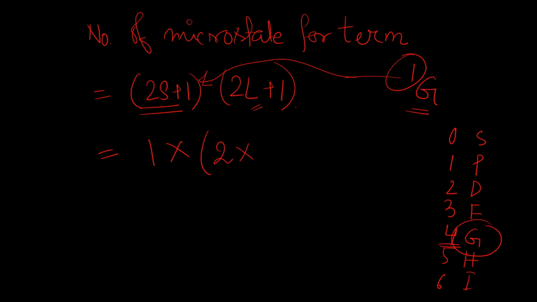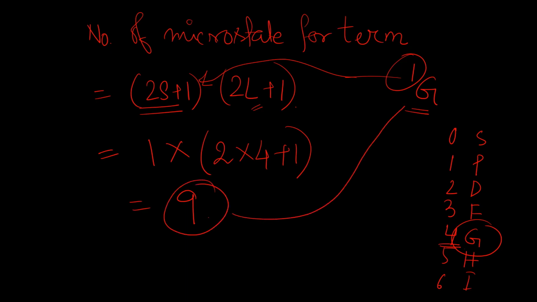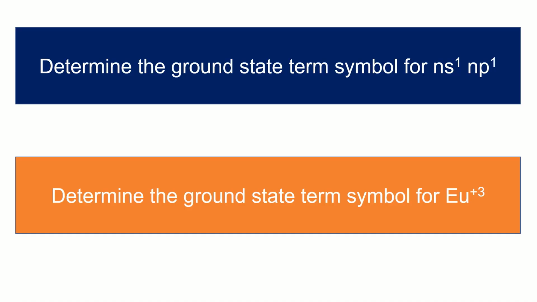We write the value 2L plus 1, so the value is 9. So the number of microstates for 1G is 9. So we can now determine, if we are given a term, the number of microstates. Next question.